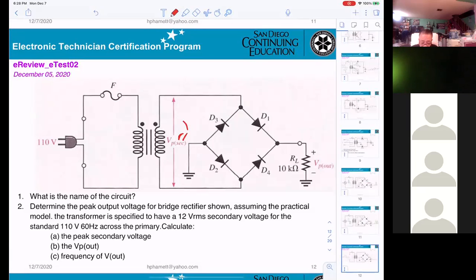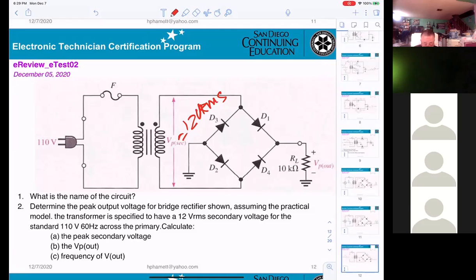They gave you 12, and 60 hertz. They want to calculate the peak secondary. The only thing is you have to convert the 12 volts RMS into the VP. And then you want the V out, then you use the formula VP minus 1.4.